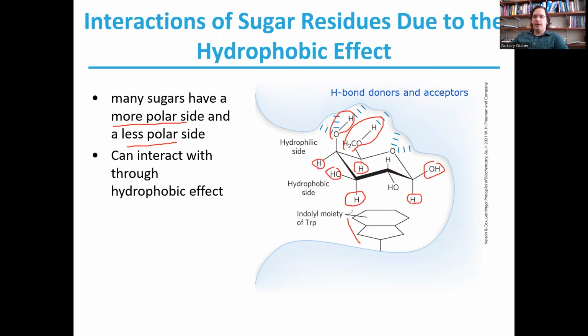Here we're interacting through a hydrophobic interaction with our tryptophan side chain, with that aromatic ring. So we can combine these along with the hydrogen bonding and charge interactions that I showed on the previous slide to create, again, that highly specific and very strong interaction to our carbohydrates.